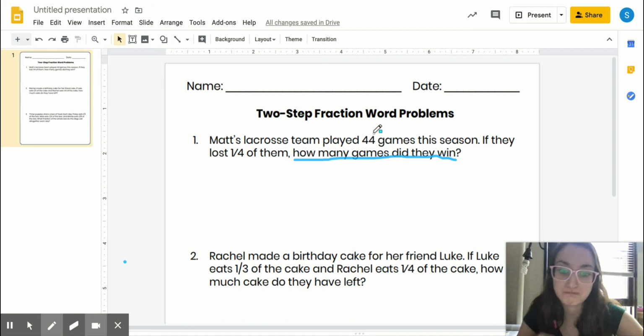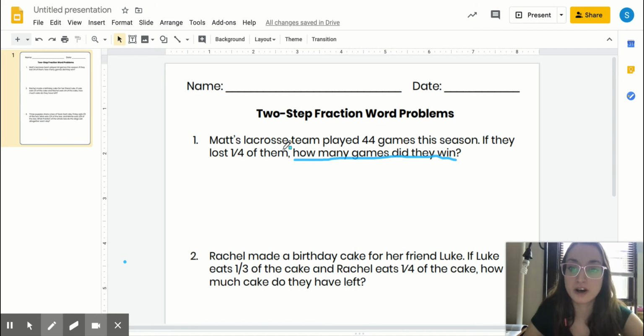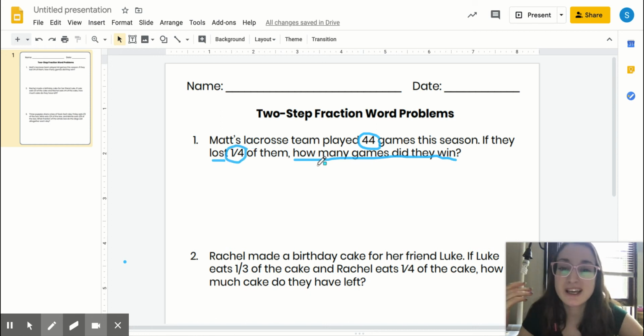Okay, so what do we know? We know that Matt's lacrosse team played 44 games. And we know that they lost 1/4 of the games. Now, when you play a lacrosse game, or really any sports game, you're either going to win or you're going to lose, right?